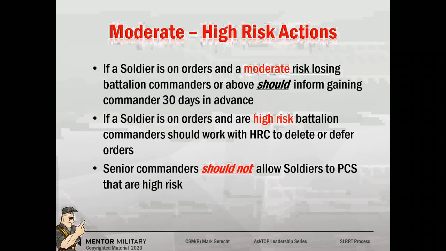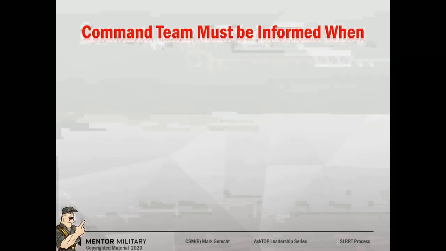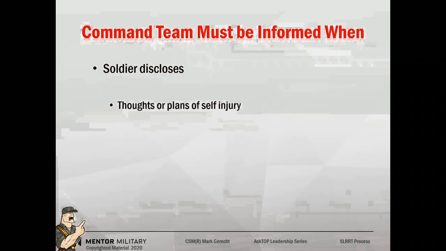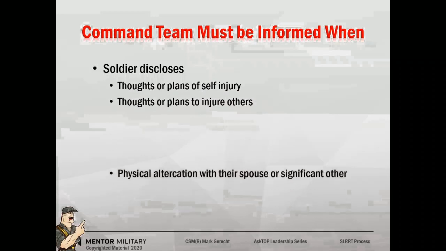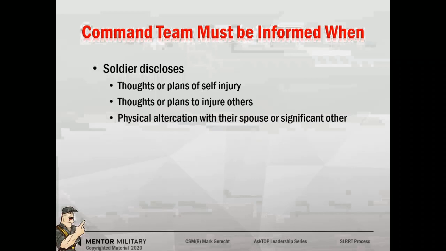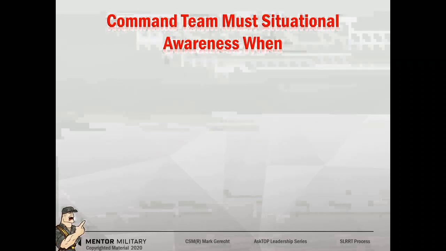Senior commanders should not allow soldiers to PCS that are high risk. Command teams must be informed when soldier discloses the following: thoughts or plans of self-injury, thoughts or plans of injury to others, physical altercation with their spouse or significant other, violations of the UCMJ.